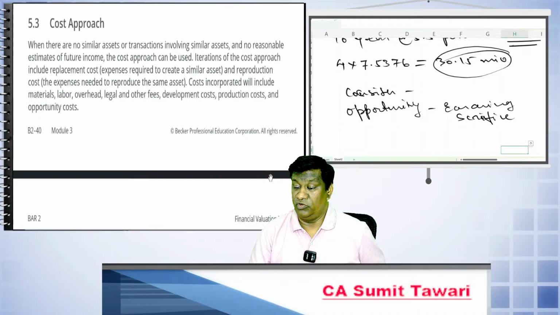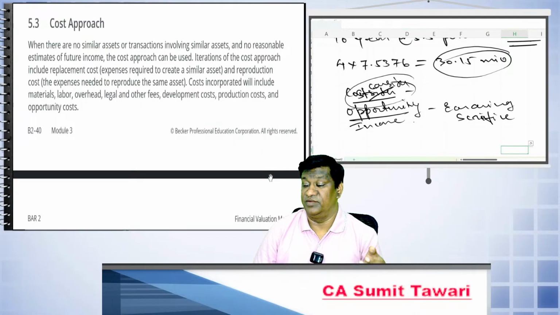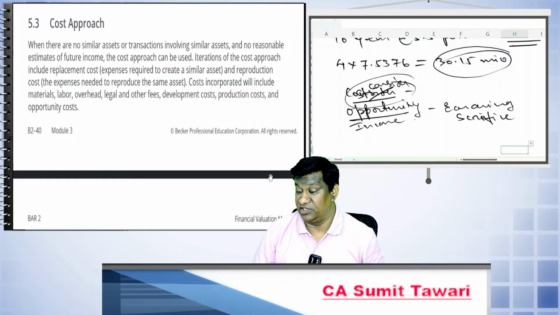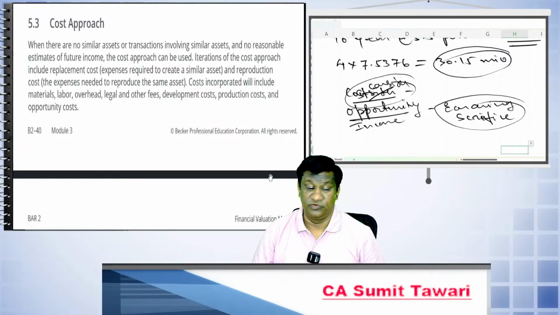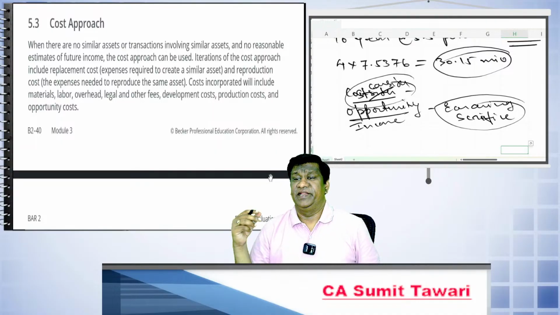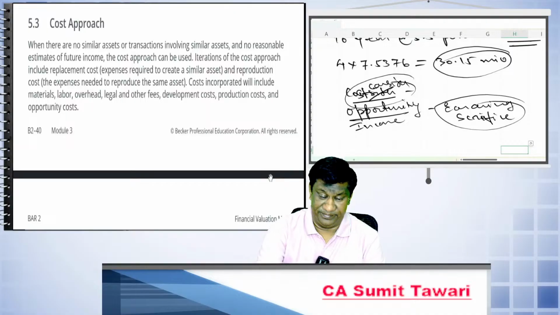So all costs we need to consider, plus I need to add the opportunity income. If I have not invested in this, I may invest somewhere, and because of that I may lose some earning opportunity. So that also we need to consider. Generally, you can consider the interest rate as the opportunity income.